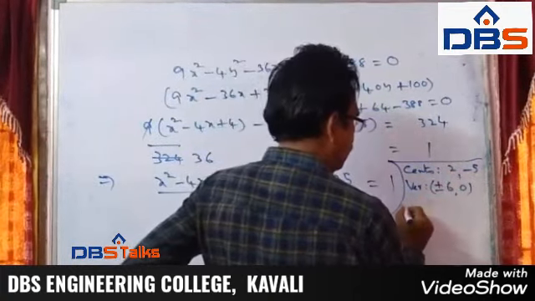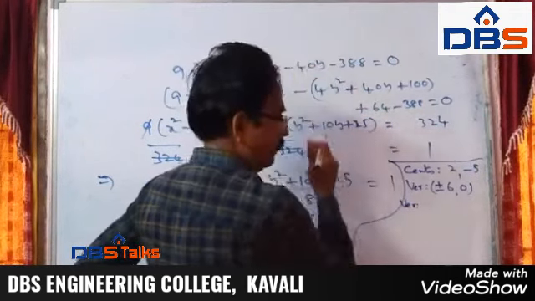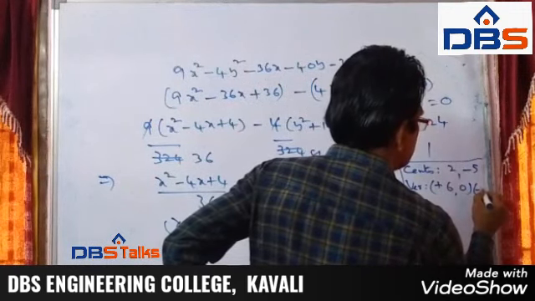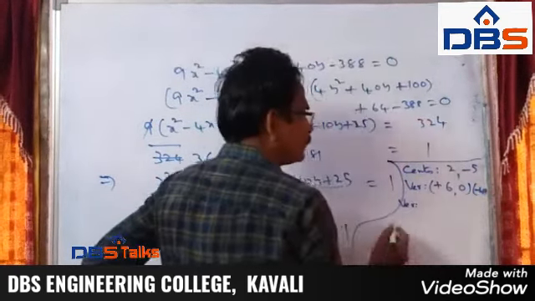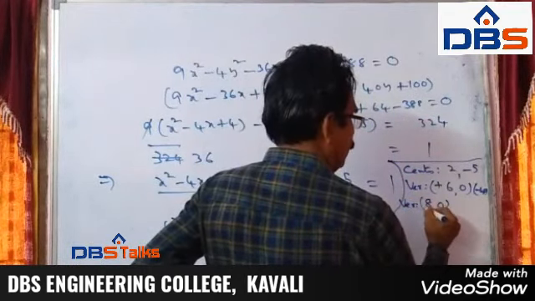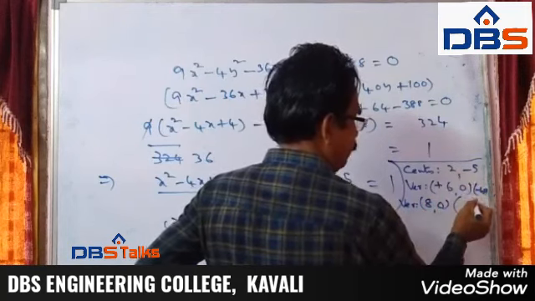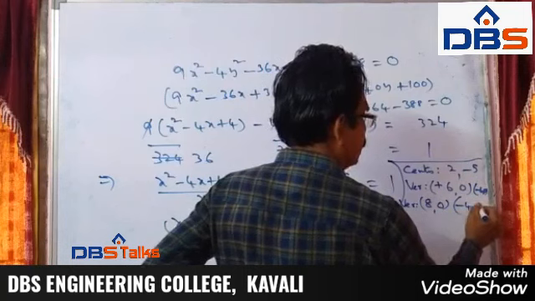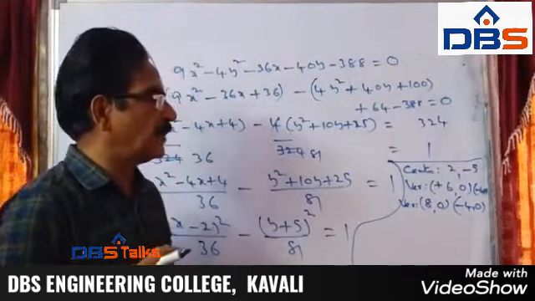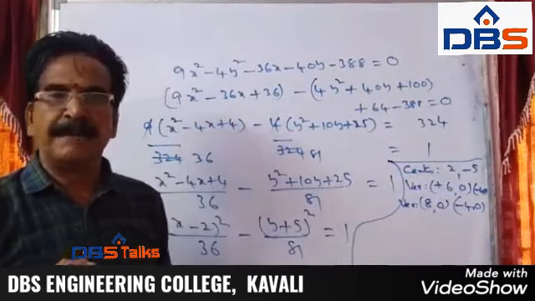So let us add the center: 6 plus 2 is 8 comma 0, and minus 6 plus 2 is minus 4 comma 0. 8 comma 0 and minus 4 comma 0 are the vertices of the given hyperbola.